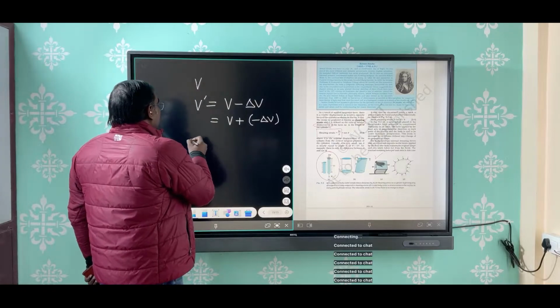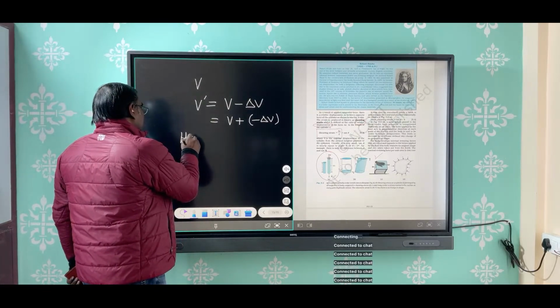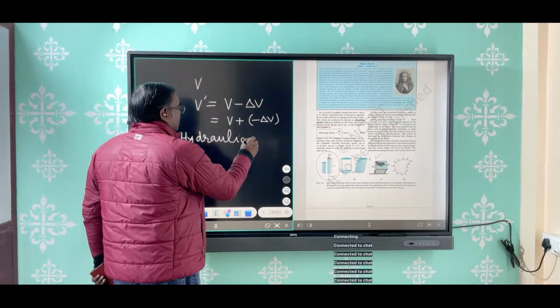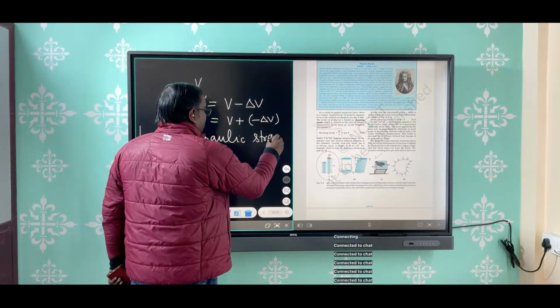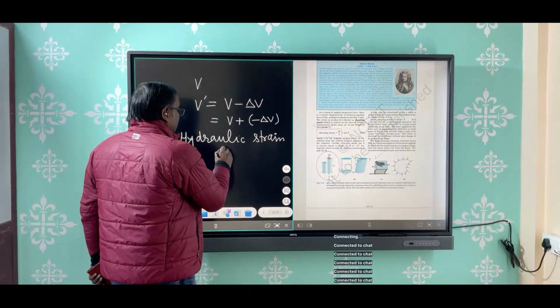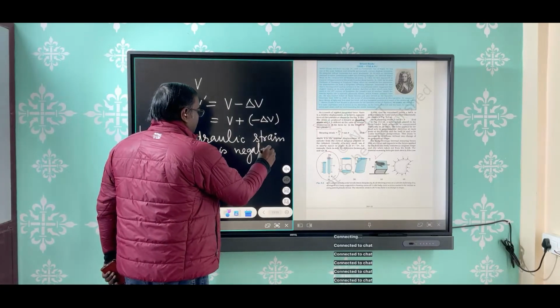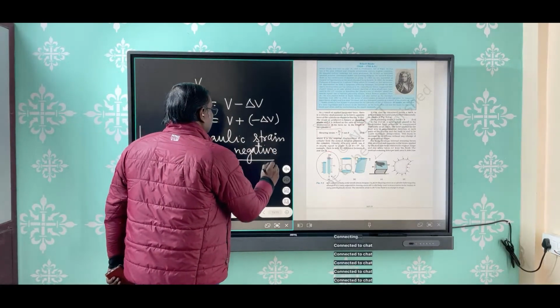That's why hydraulic strain is negative, right?